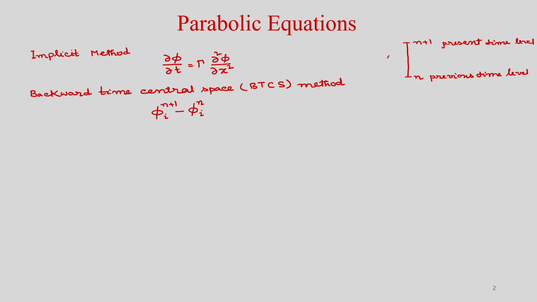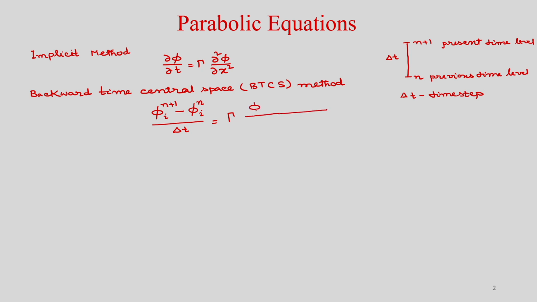The difference between these times is known as the time step, and that is your delta t. So, now we will use a first order accurate scheme, which is the backward finite difference formulation for the first derivative with respect to time. So, that we have discretized. Now, gamma and central difference we will use in space.